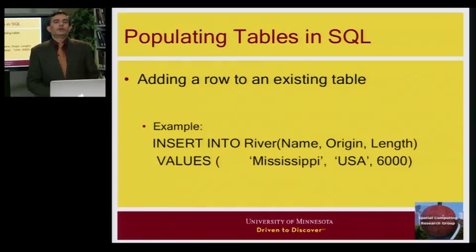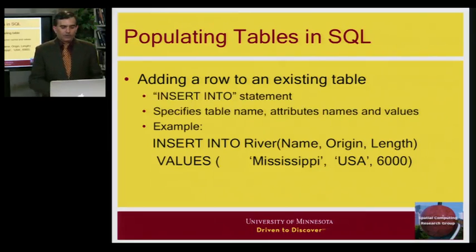But if we don't have data for all the columns, we can leave a few columns unspecified, and this statement will essentially put an undefined or a null value in there. Okay. So again, it is explaining the meaning of this insert statement. There are two keywords, insert into, then you specify the table name such as river, then you specify the set of columns for which the data is going to be provided, and then another keyword values, and then another set of parentheses to specify values. Okay.